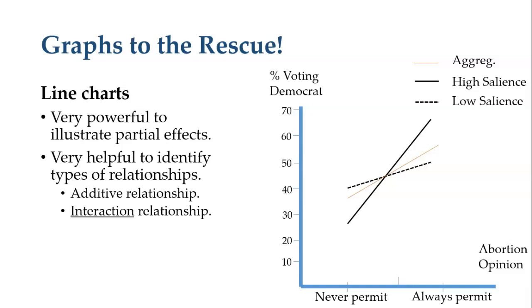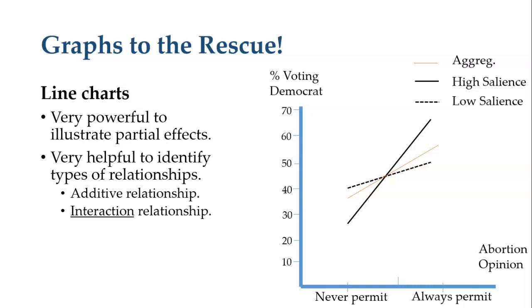In this case, the idea is that people who think that abortion should be legal in every case, for instance, tend to support the Democratic Party more, right? But this is mediated by how salient the issue of abortion is for this person. Okay, that's the basic scenario.